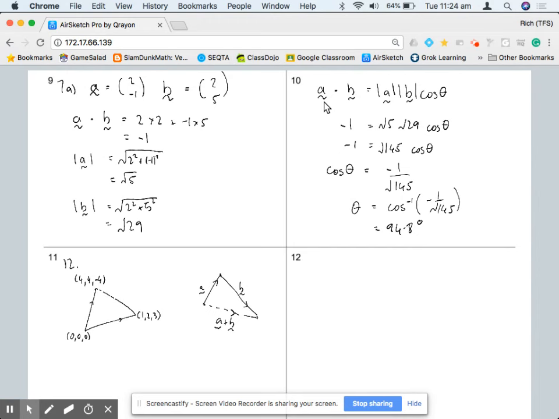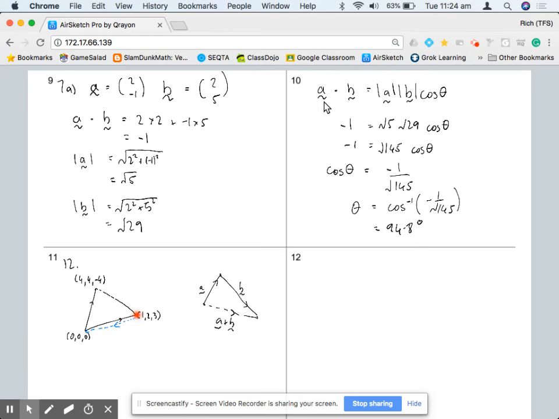Because these are both going in the same direction, we can't use vector addition in order to work this out. But what we can do is take a vector which is on top of it, but going in the opposite direction. I'll just draw it next to it, like so.